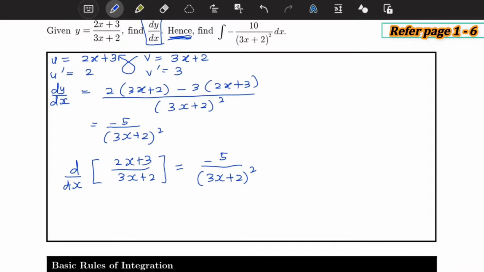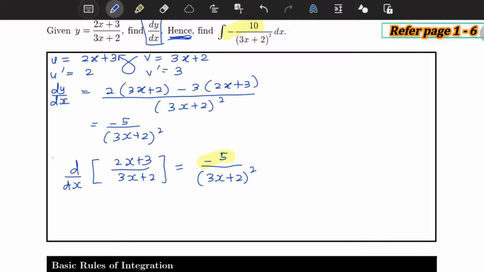Next, hence find the integral of negative 10 over (3x plus 2) squared. If we notice here, we have negative 10. The question is to find negative 10 over something, but here we have negative 5. So how do we get negative 10? We need to multiply by 2, and then we need to integrate both sides.